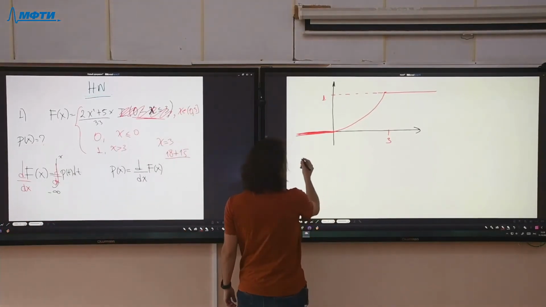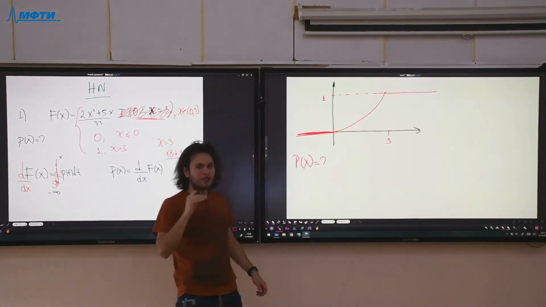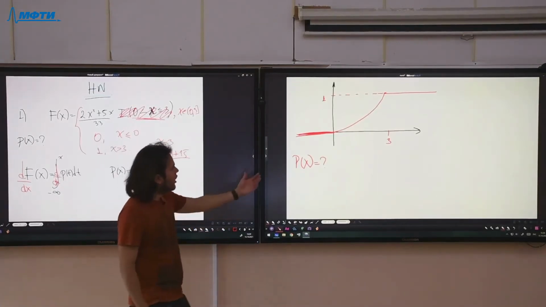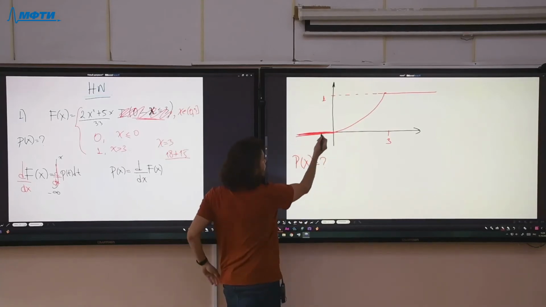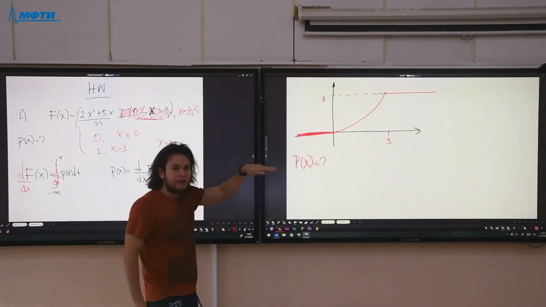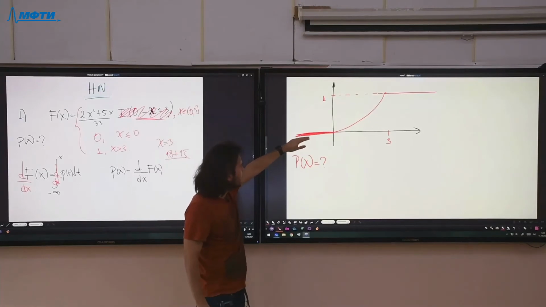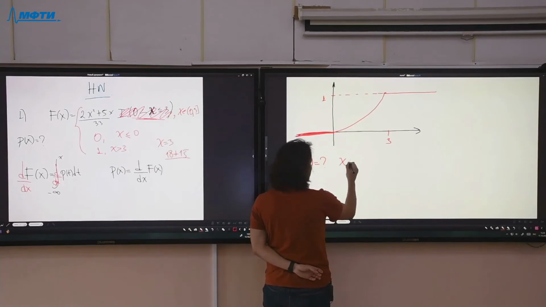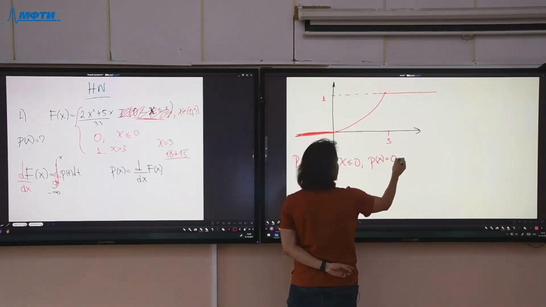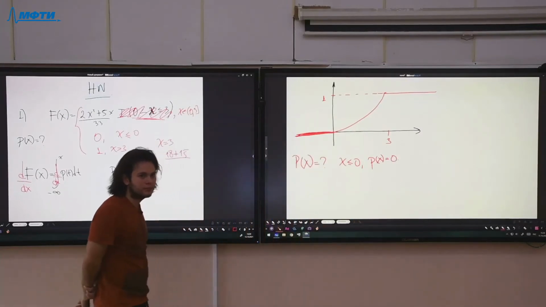so what about if we want to find this? The first thing that we need to look at, well, we can look at the graph, right? And if we have this constant, just a line, it means that the density here is 0, right? So if x is less or equal than 0, then p of x is 0, right?